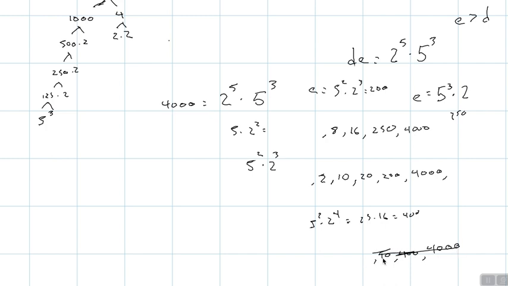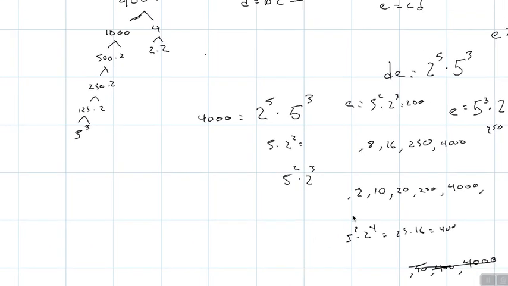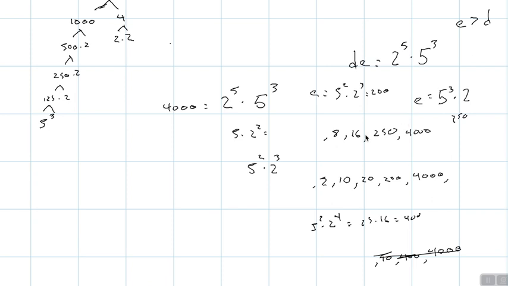Interestingly, the bigger it gets, the tougher it is to do. So this 250, we're back here. This was the 5 to the third times 2, which didn't work as well. Let me see, did it work? 250 times 16.